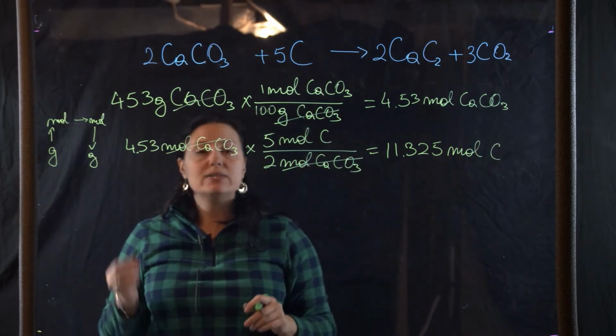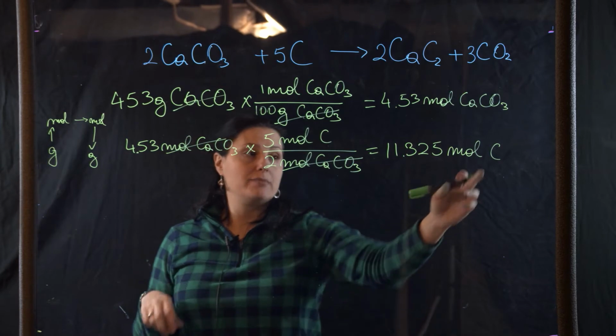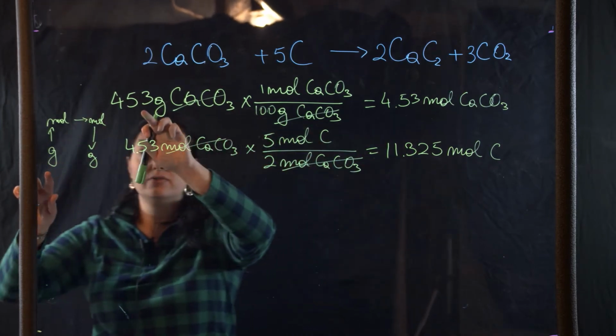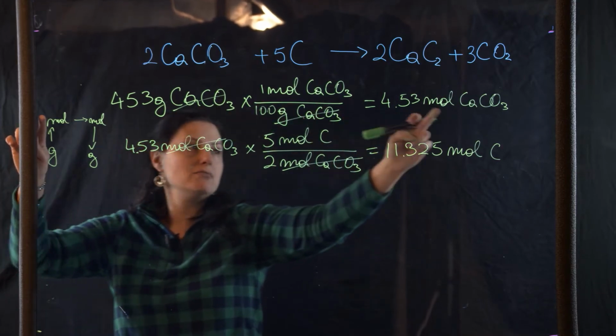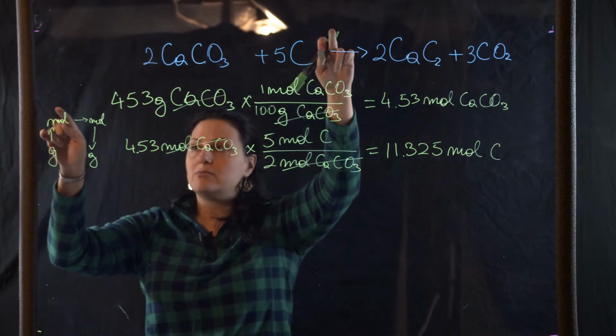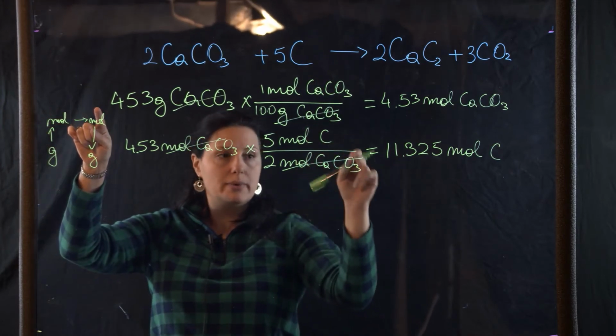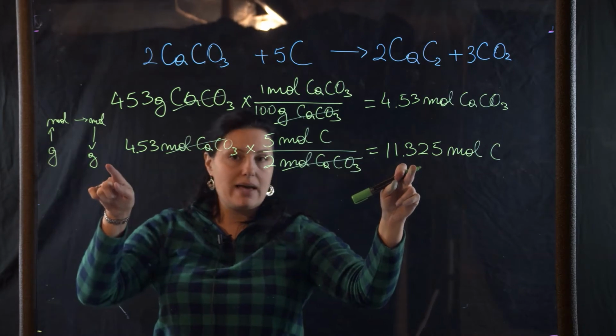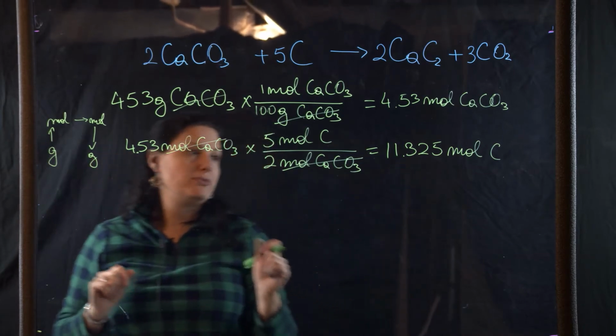But I was asked to figure out an amount in grams, so I have to take, I started out here, grams of calcium carbonate. I converted that to moles by using the molecular weight. Then I went up here, converted moles of calcium carbonate to moles of carbon. And now I have to use the atomic mass of carbon to convert it to grams.